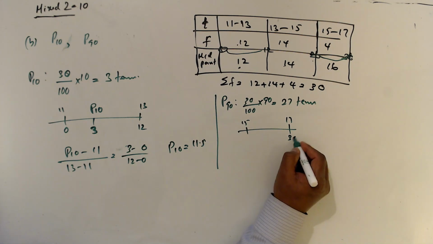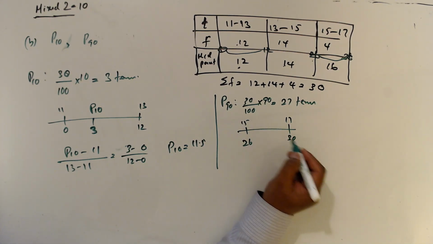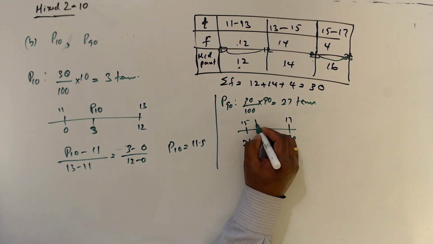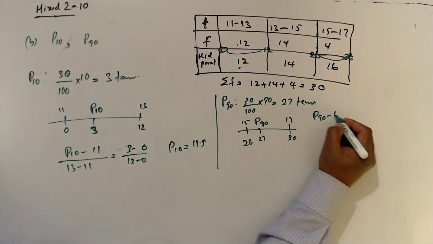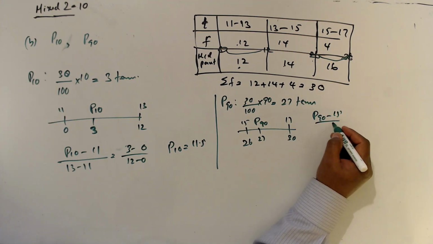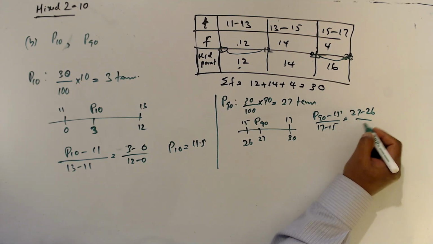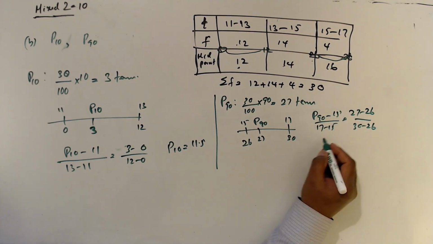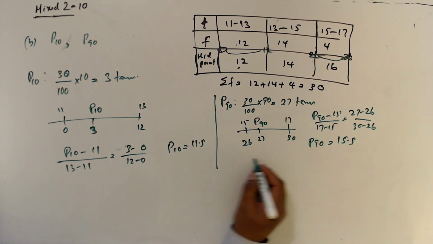This is 30th, this is 26, and the 27th term is P90. So P90 minus 15 over 17 minus 15 equals 27 minus 26 over 30 minus 26. So P90 will give 15.5.